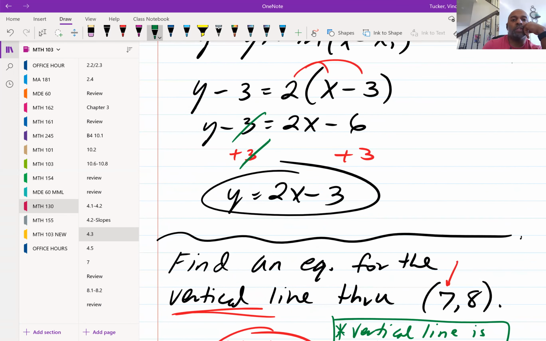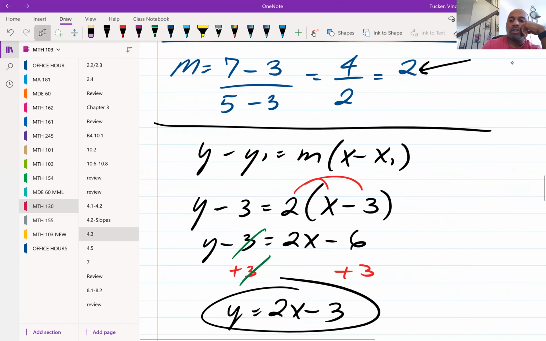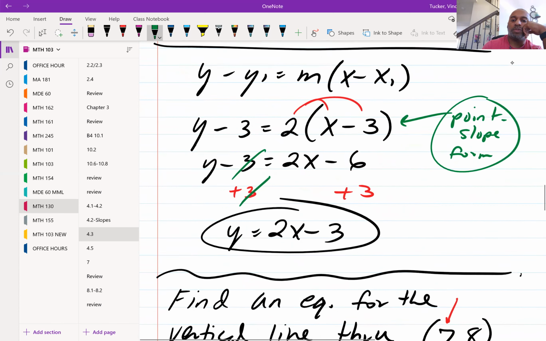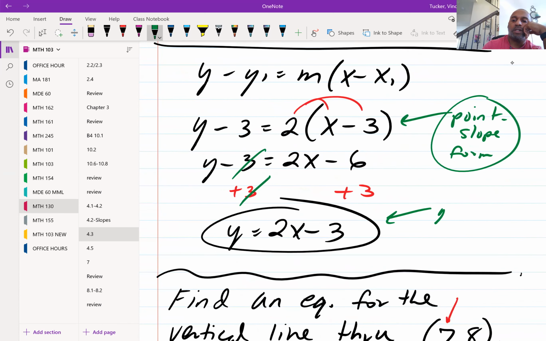Once we solve this equation, this right here is point slope form. And then once you solve it all the way down for y, this is slope intercept.